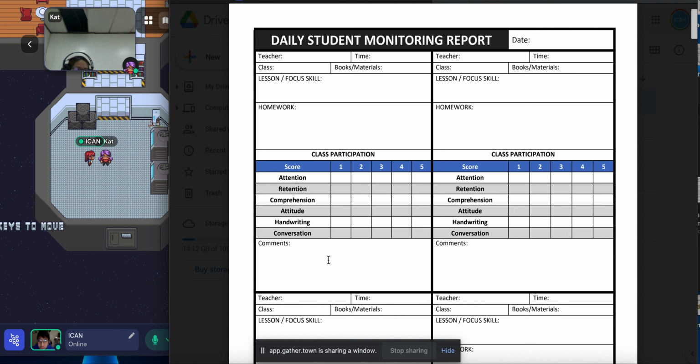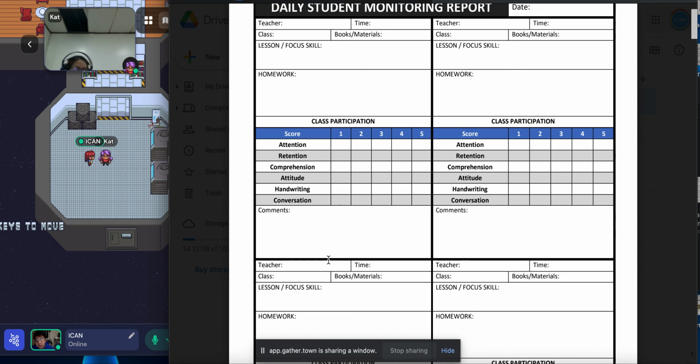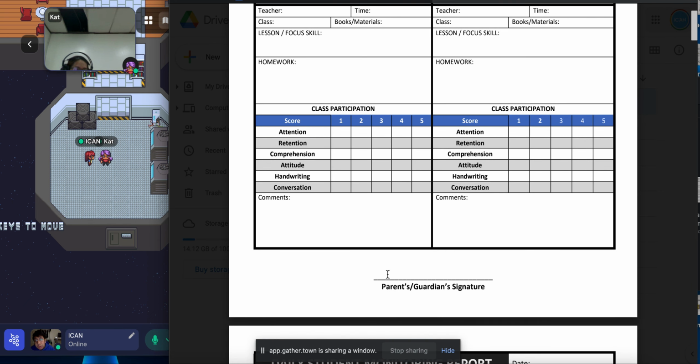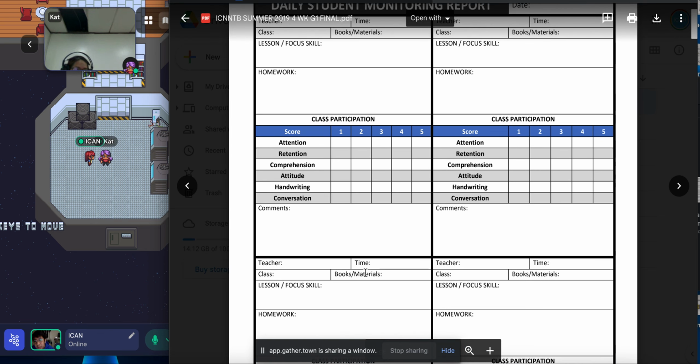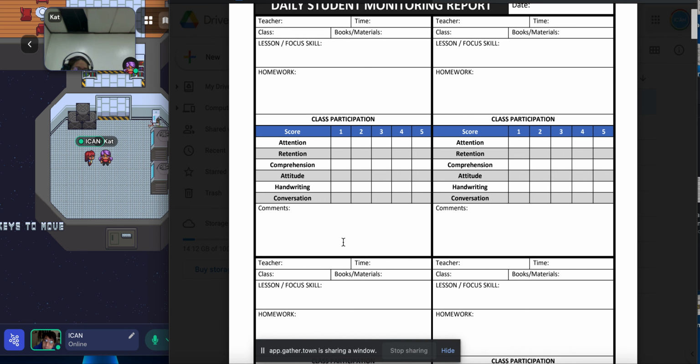You can write it down because the parents would review this, as you can see at the bottom, they would have to sign this every day, so that we know their parents know what they're doing. So if ever there's a concern, like your student is very rude, although it doesn't really happen. It doesn't always happen.